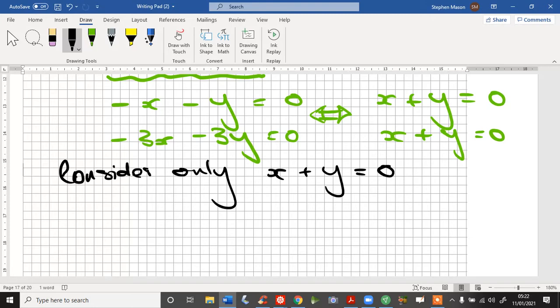Now, what values of x and y do we need to make the left-hand side equal to 0?